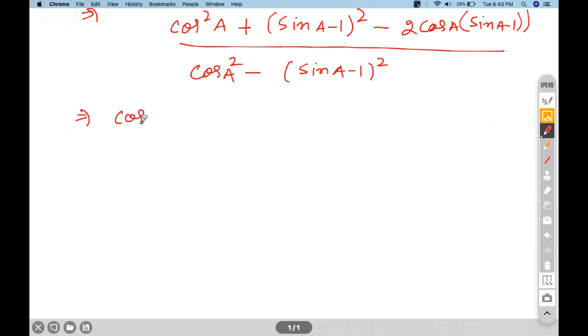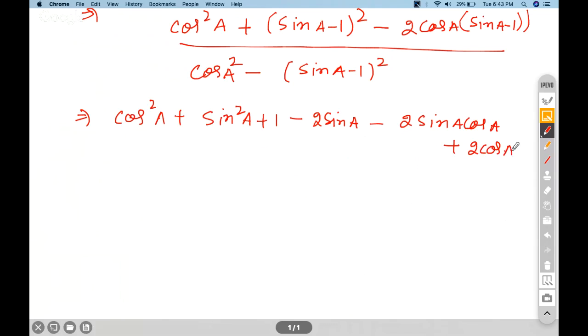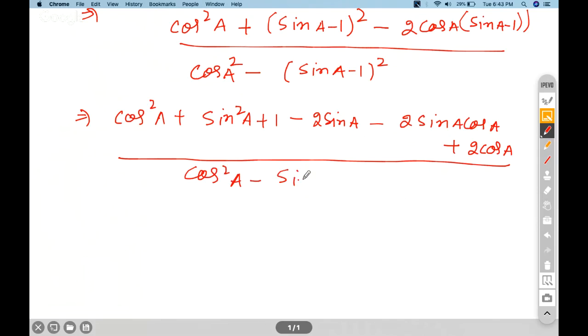This is nothing but cos square A, and this is sine square A plus 1 minus 2 sine A, and this is nothing but 2 sine A cos A plus 2 cos A, divided by, this is cos square A, and this comes out to be minus sine square A minus 1 and plus 2 sine A.